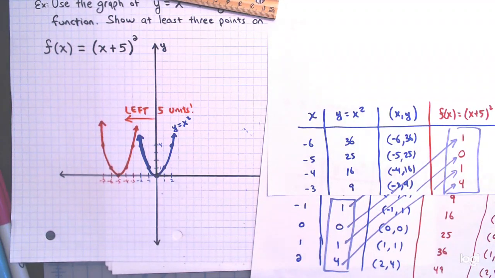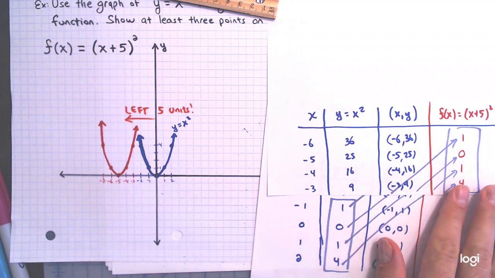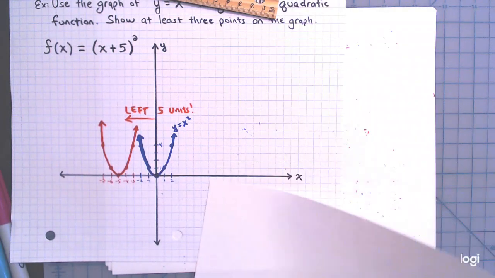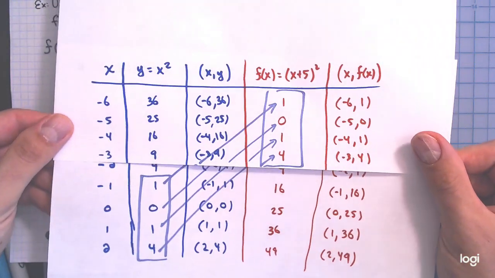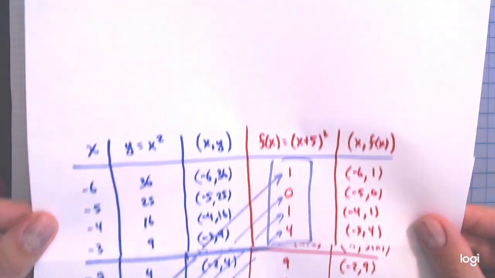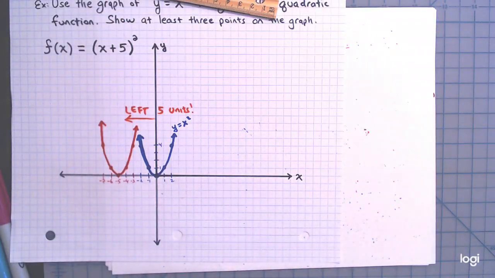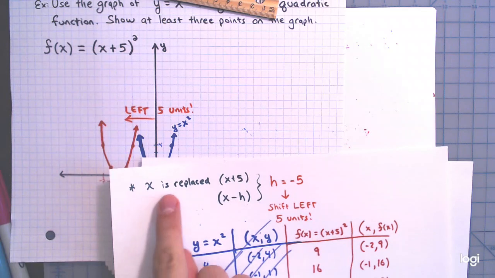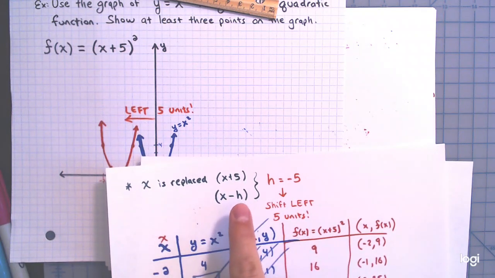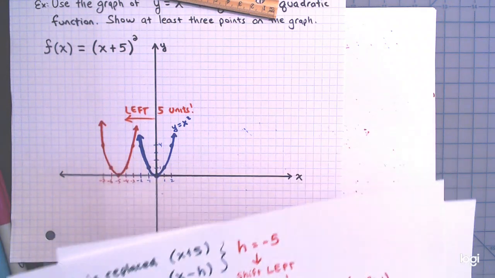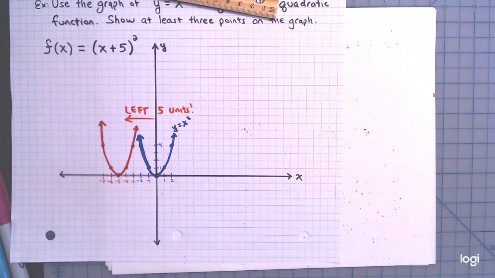Now, I'm going to do this for the next example, you can avoid making these crazy tables if you know what's going on. If you recognize, hey, x is replaced with x minus h, and then you know what h is, you can do the shift automatically. You can do the shift without having to make some crazy table.